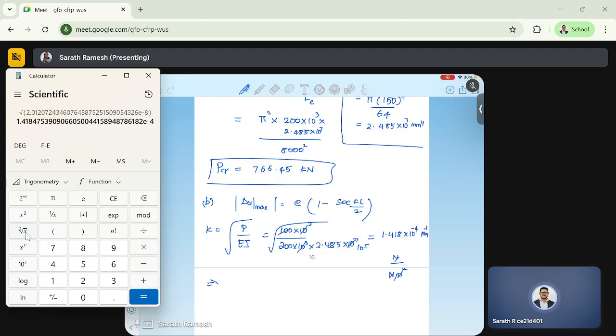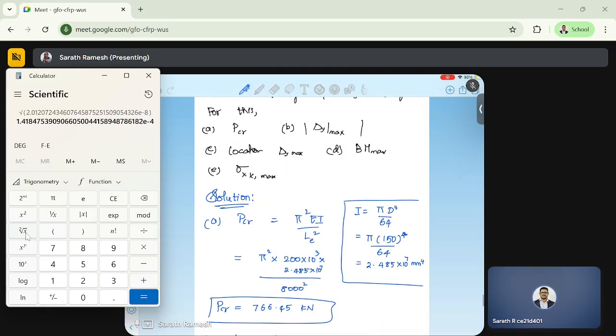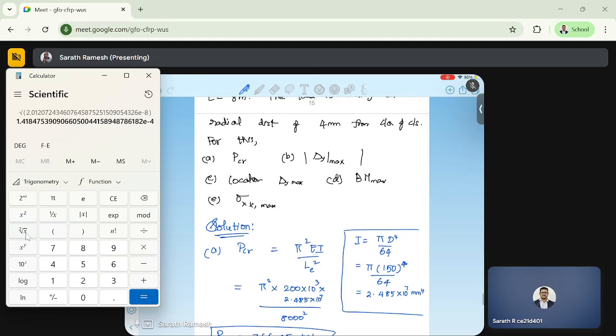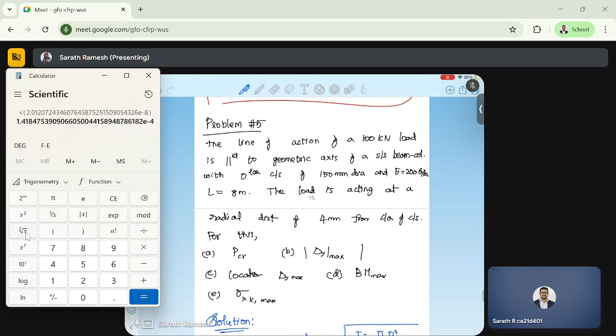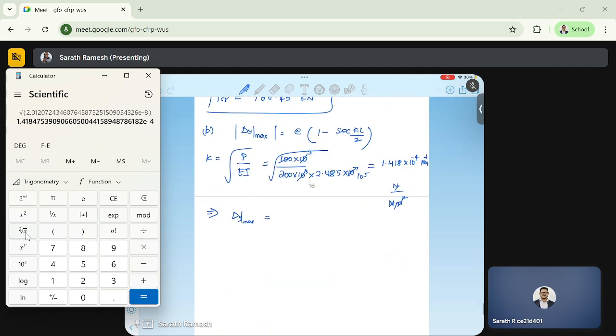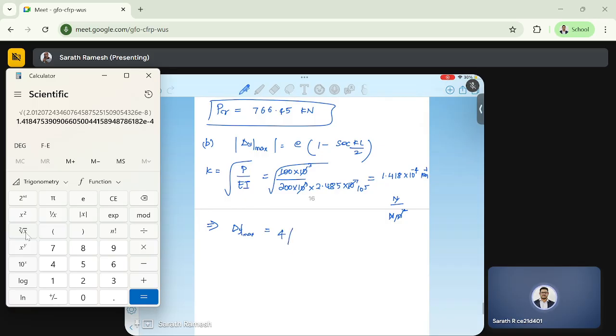So this implies delta y max will be, E is what? 4 mm. 4 into 1 minus secant of K is 1.418 into 10 to the power minus 4 L by 2.